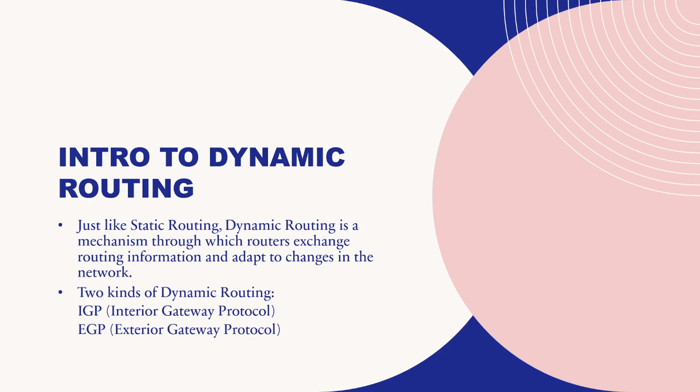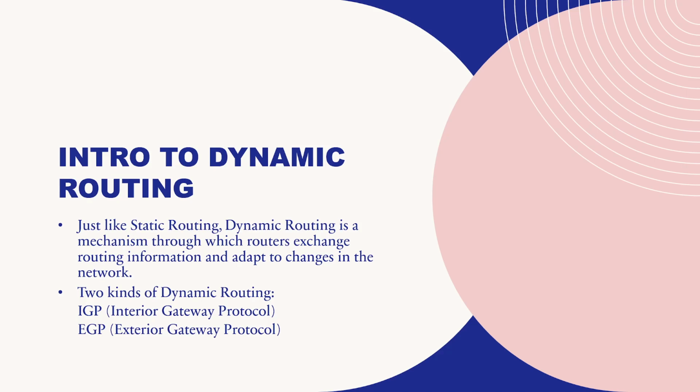RIP is a very old dynamic routing protocol. I've seen it being barely used nowadays. There hasn't been much use of it lately. As per EGP, the one protocol that I have used, or that I've learned very little about actually, is BGP, Border Gateway Protocol.